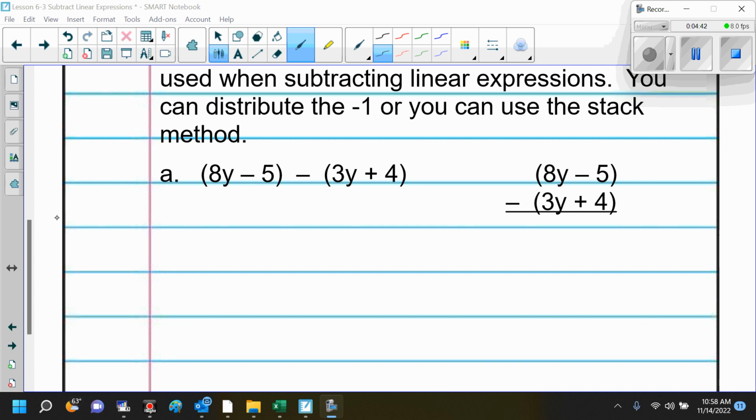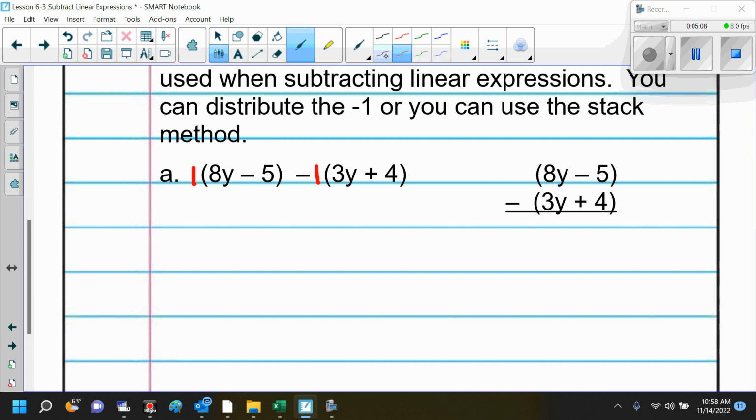So here, you guys remember, when you have no number in front, that's going to be a 1 in front, right? On the second one, this says minus the quantity 3y plus 4. So minus when we do this, we're actually distributing a -1. So that's where we're going to get that additive inverse.